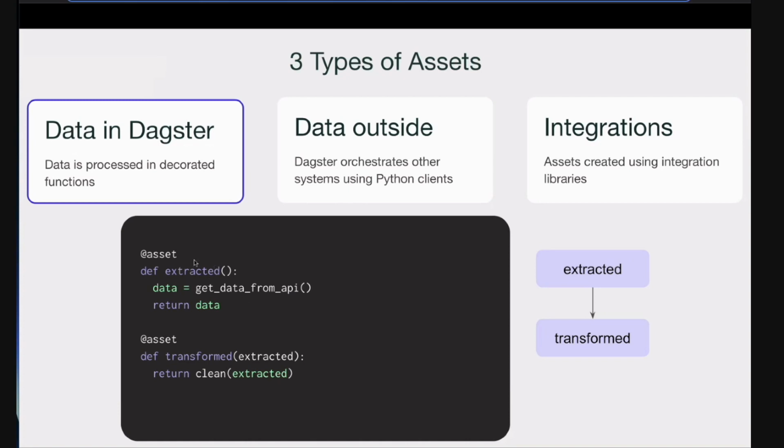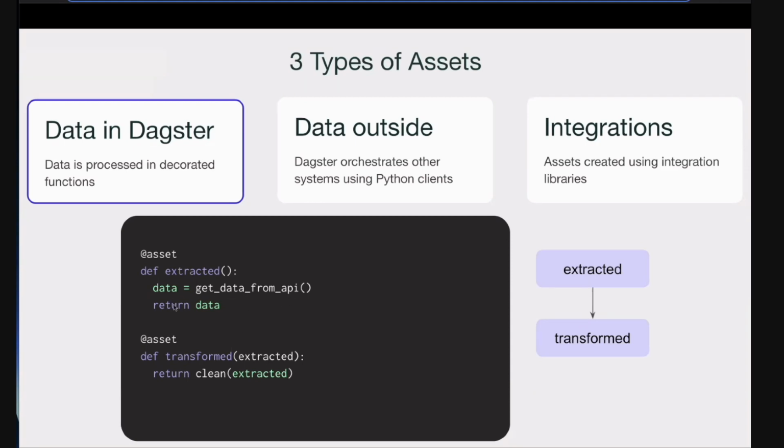So we have this extracted asset, and then this transformed asset below. Dependencies can be explicit or inferred. In this example, it was inferred because we used the extracted asset as an argument in the second asset. That's how Dagster is able to construct lineage and infer those dependencies.